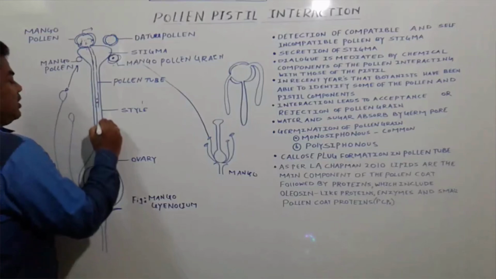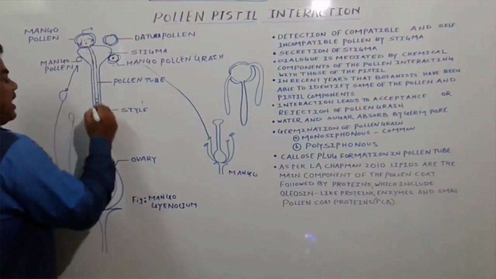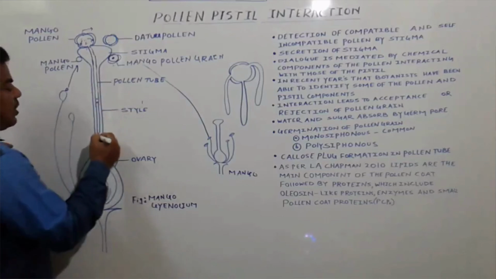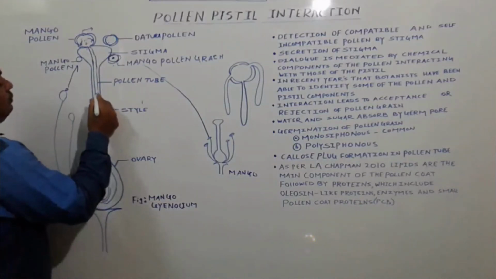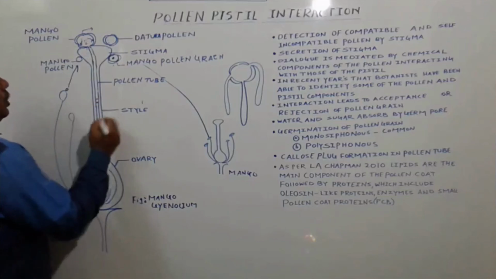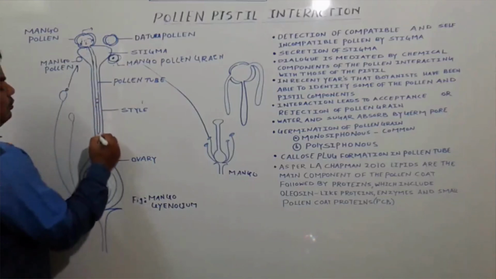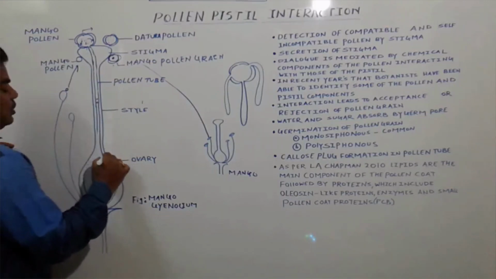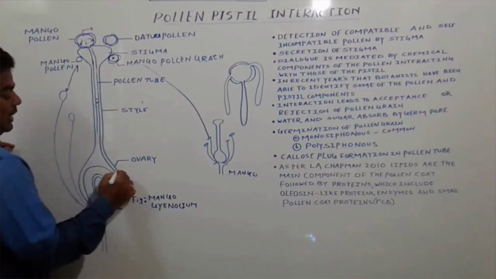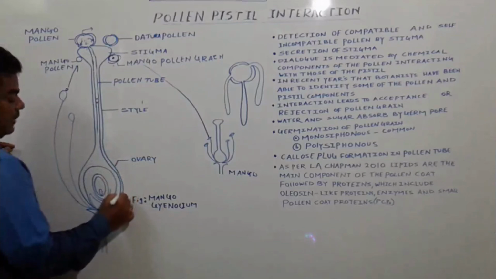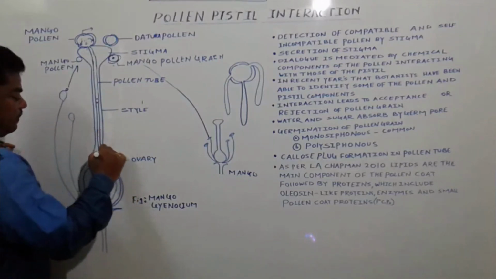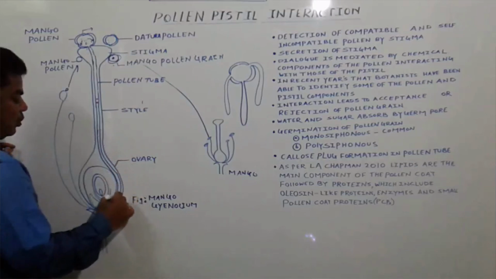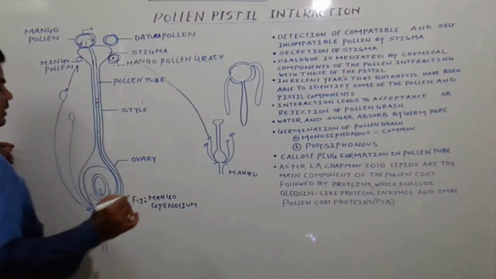If it is hollow, it moves very fast, and if stylar tissues are there, it pierces all stylar tissue by the hydrostatic pressure which forms in the pollen tube. It moves through the ovary wall, and then ultimately reaches the micropyle of the ovule, up to this region.